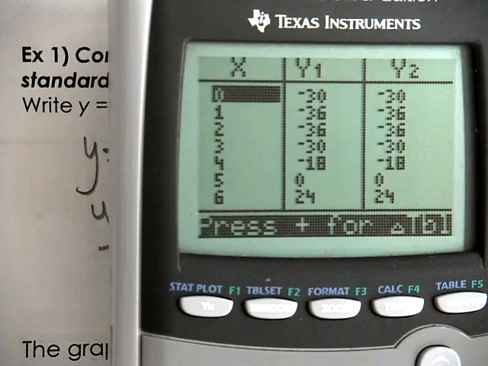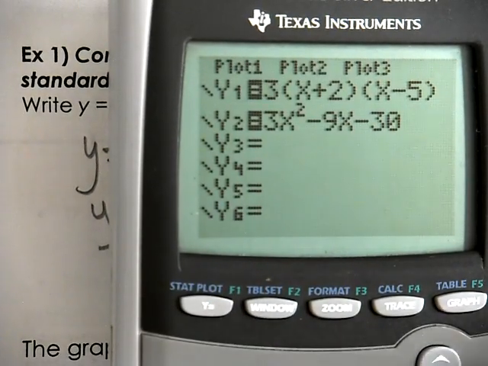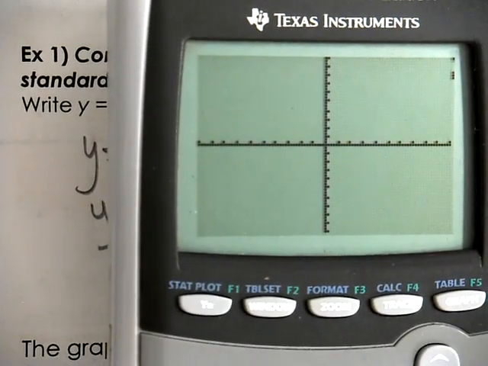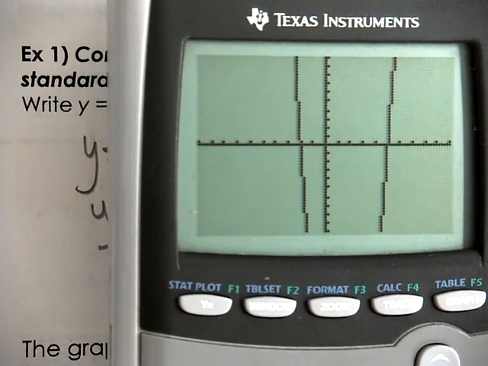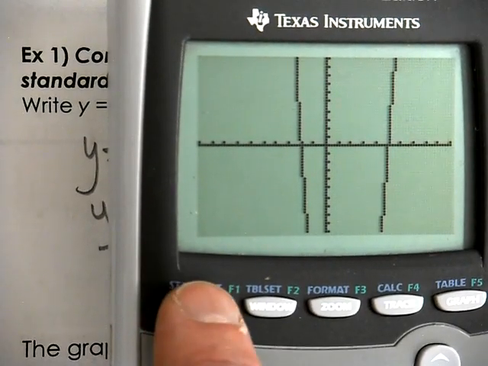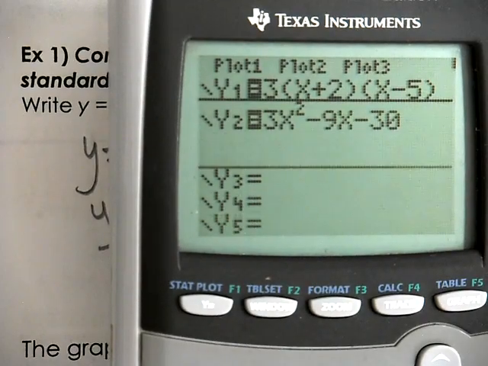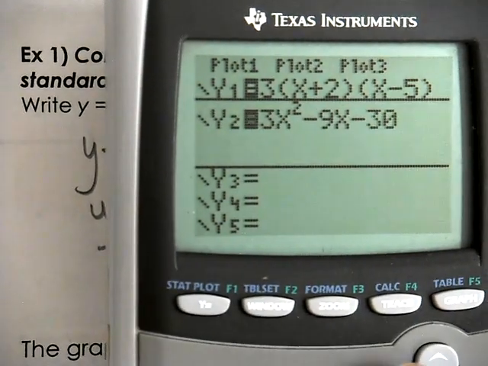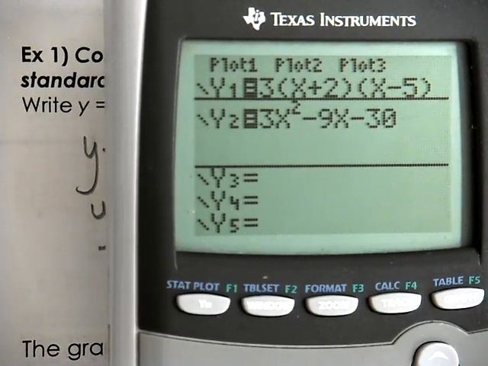Okay? If you try graphing this, if you hit graph, you won't be able to tell where the one graph is and where the second graph is, because they're exactly the same graph. This is kind of a cool step. Hit y equals. You can go to either equation. Probably go to the second one. Move your cursor over to the little line and hit enter once.